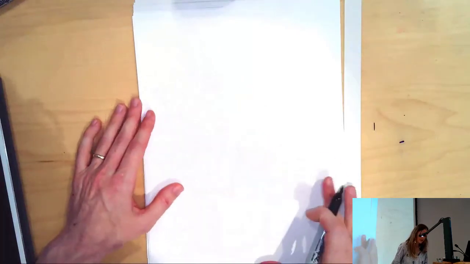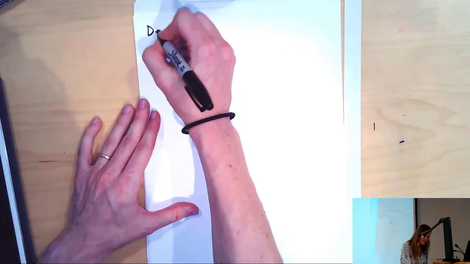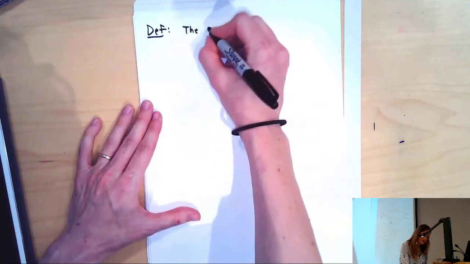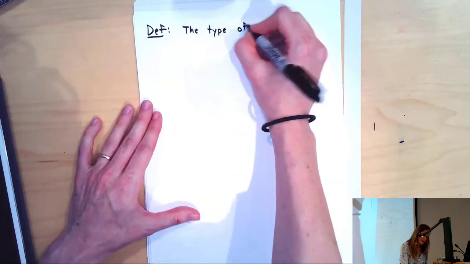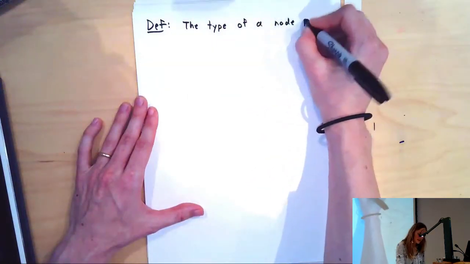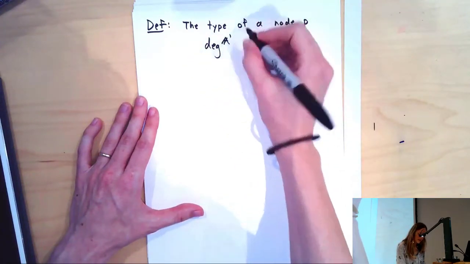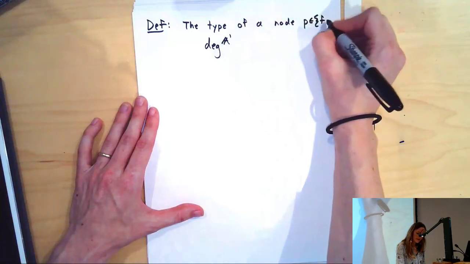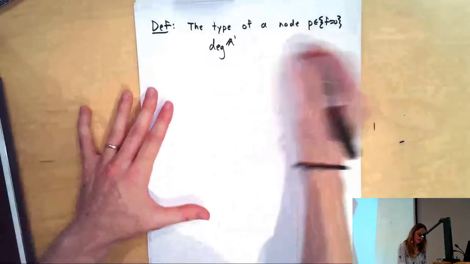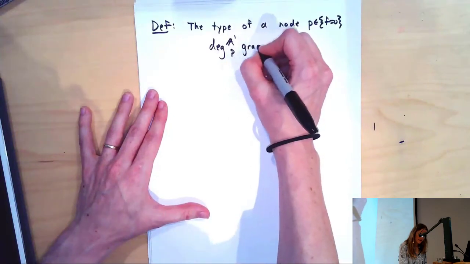So we'll define the type of a node. The type of a node P can be defined as the A1 degree of the gradient at P in the hypersurface f equals 0. Or, if the node is cut out by an equation f, it is the degree at P of grad f.